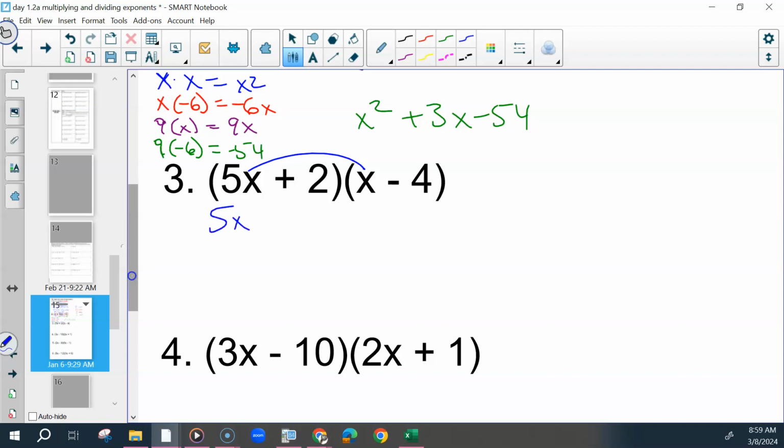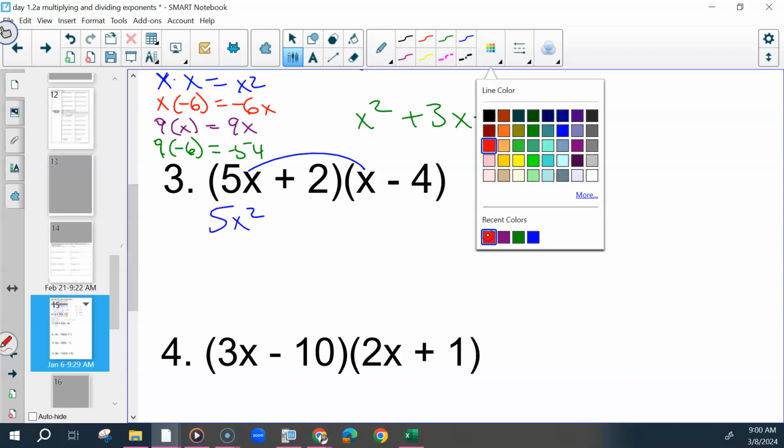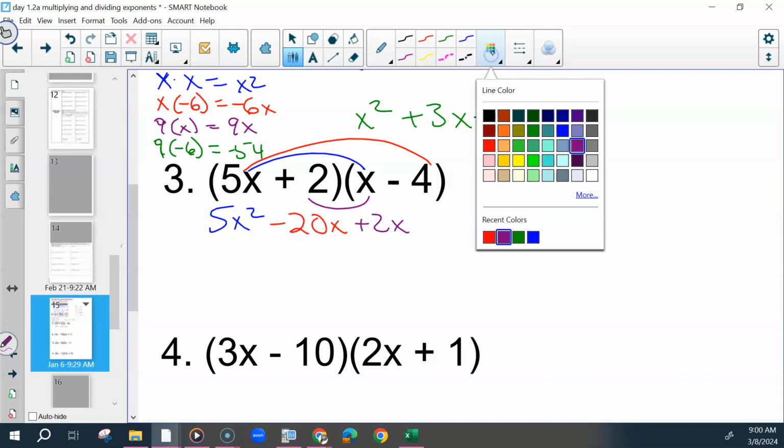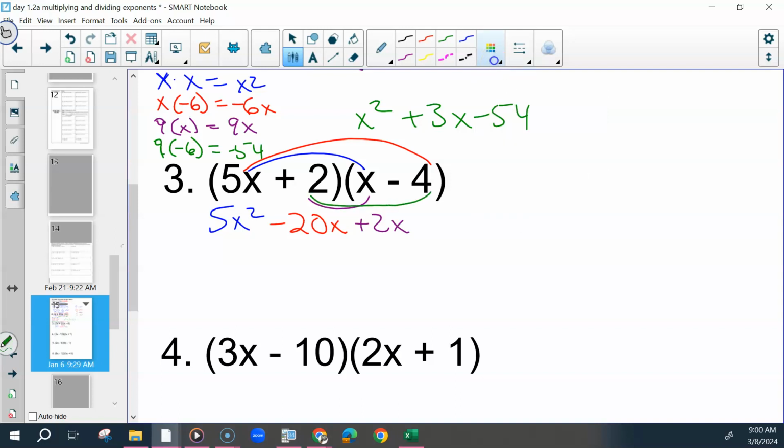The outer, 5x times negative 4, negative 20x. The inner, 2 times x, positive 2x, and then the last, 2 times negative 4, negative 8. And then combine your like terms. What would that give us?